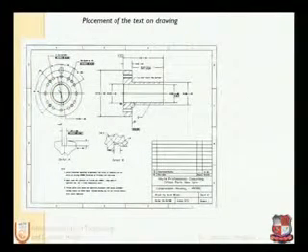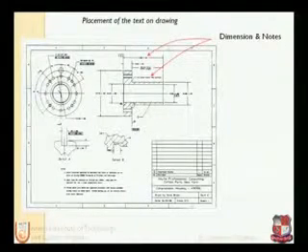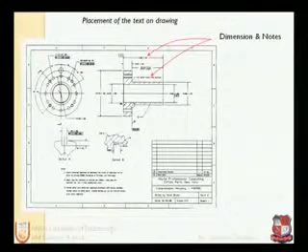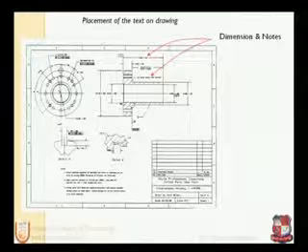Here we have an example of a drawing and the text on this engineering drawing. We have several texts on this drawing. We can see the text on the upper side is dimension and notes. On the dimension line, sometimes text is used to describe the tolerance and fits.